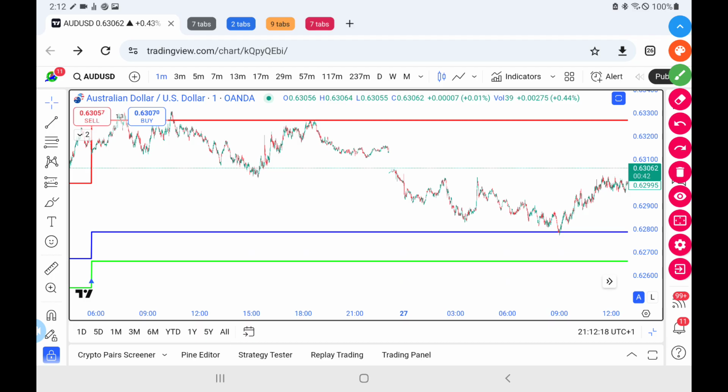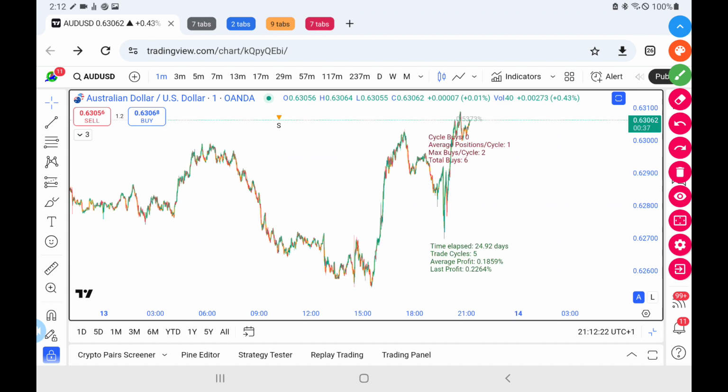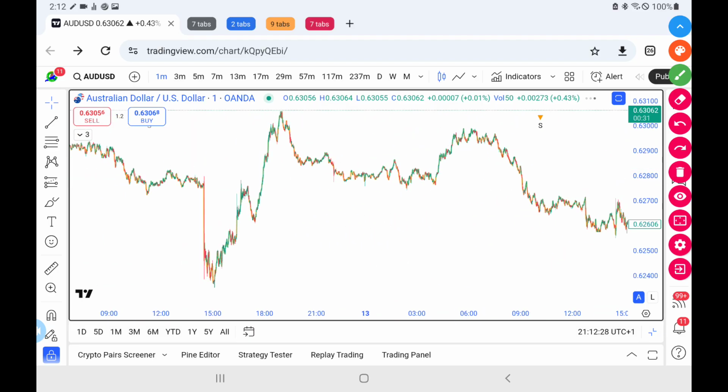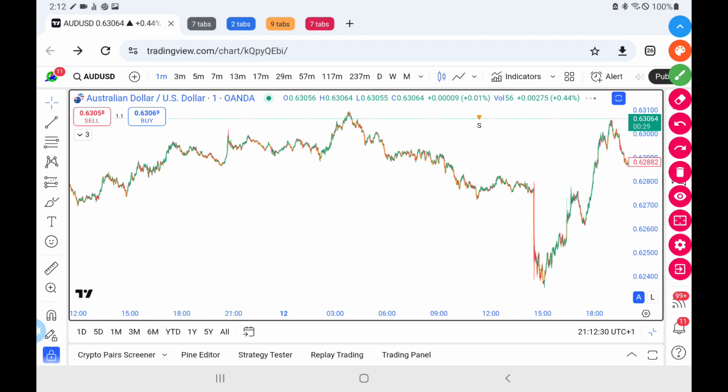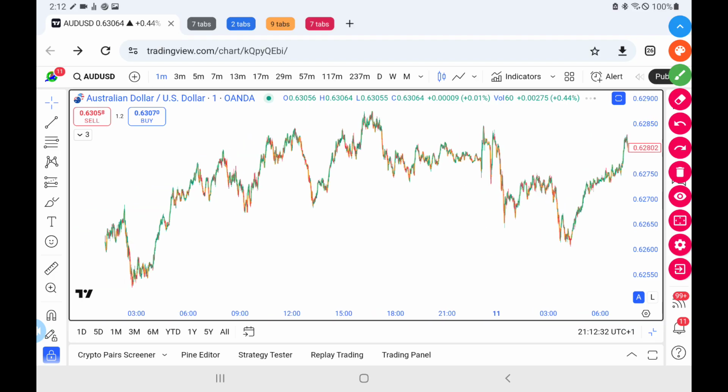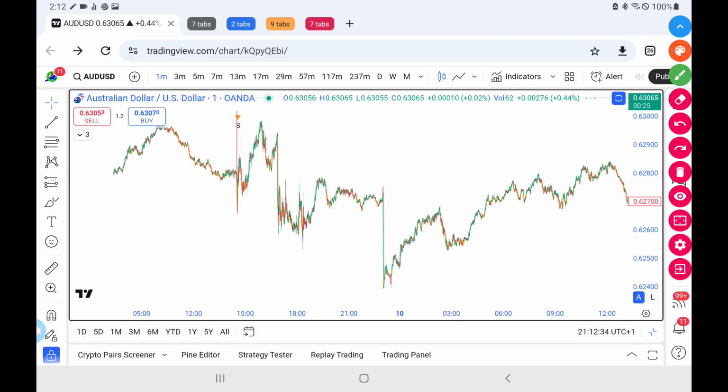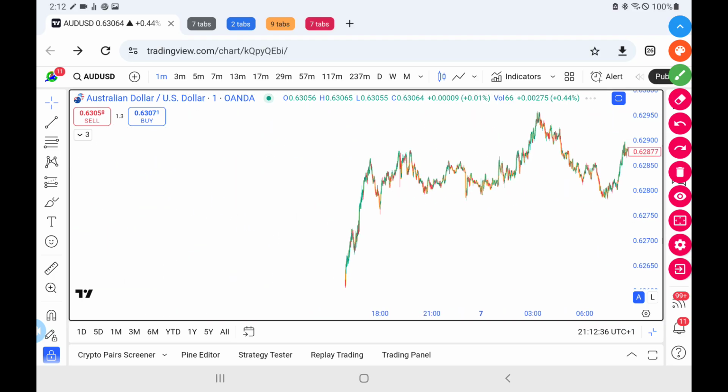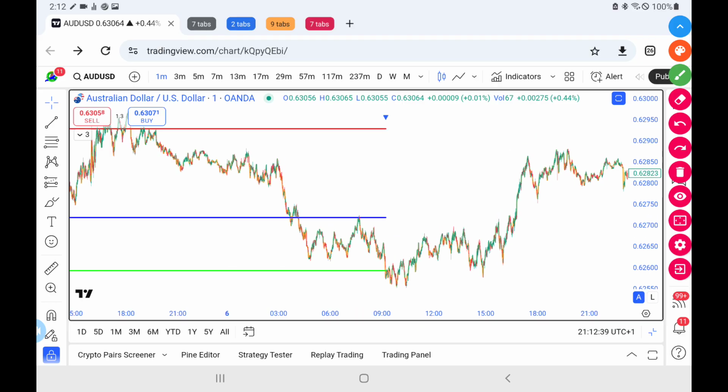Now let's look at the chart for range filter. And let's go find a trade on range filter. And here we go.